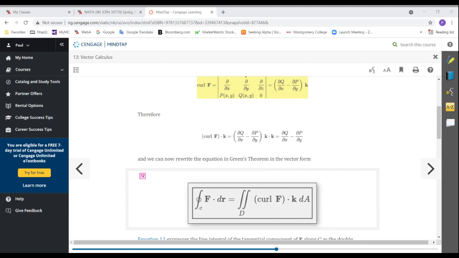This would be like me in class looking for my notes on something, right? So let me see here. This is it. Curl and divergence. Let's see if I can give you an example to give you a more intuitive feel for it. I mean, you do know what the book says, but let's see if we can apply it to an example.